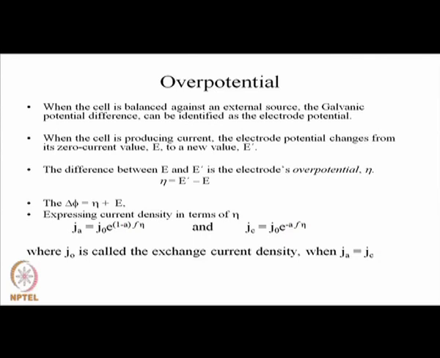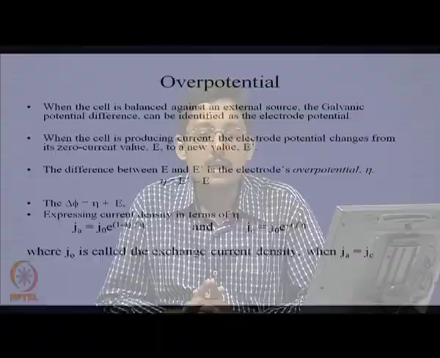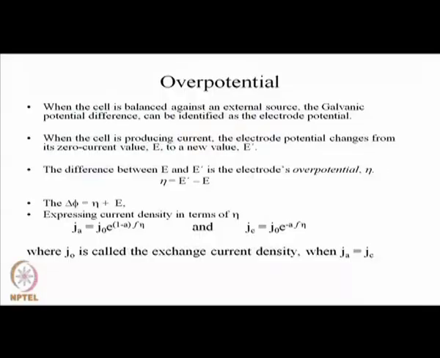In that case you have to have the cell balanced exactly. So, between the internal potential and the external potential, the current flowing is 0. Okay. So, under that condition perfect reversibility is reached, and the corresponding galvanic potential difference can be written as the electrode potential. Okay. So, this is a specific condition that you have to think of whenever you try to find out the electrode potential.